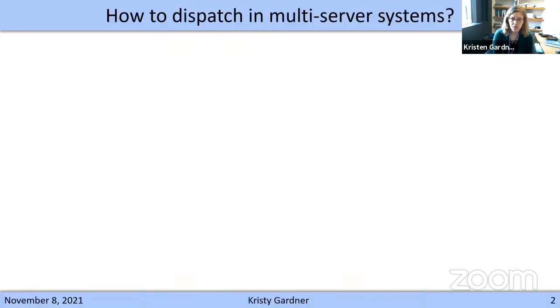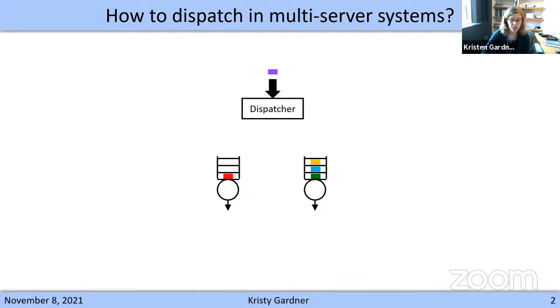I want to start with a very general question, which is how to dispatch in multi-server systems. This is a very classical problem in queuing. We might have multiple servers, in this case 2 servers. A job arrives to a dispatcher, and the dispatcher has to make a decision about where to send this arriving job.